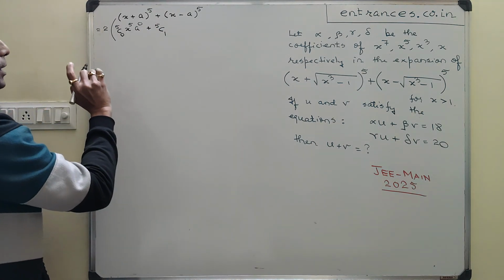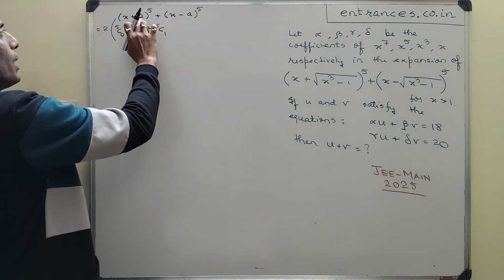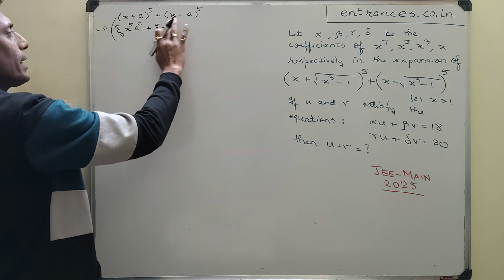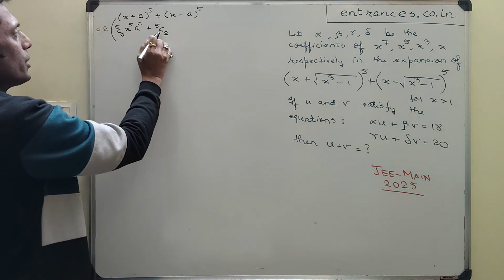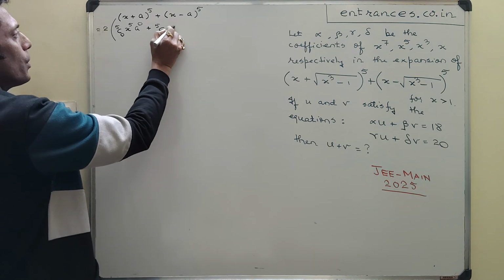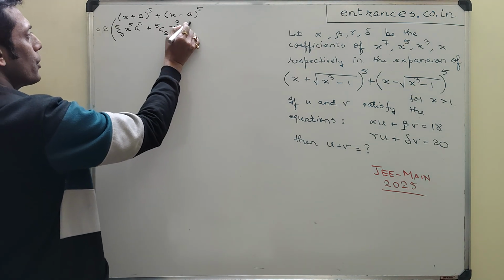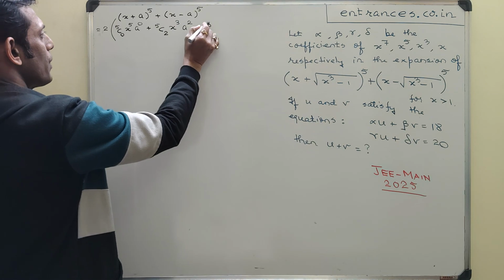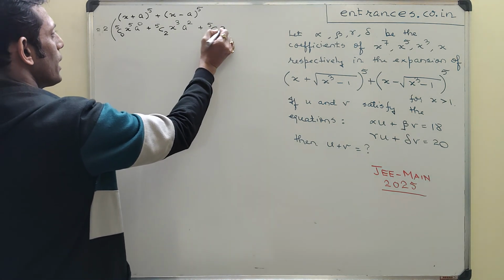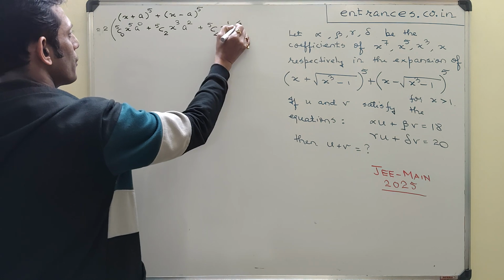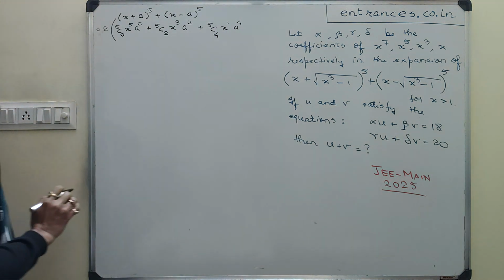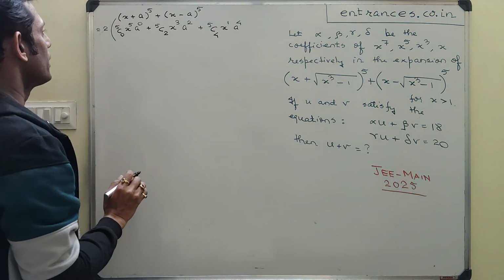Now 5C1, that is a power 1, would be positive in one and negative in the other, so it will get cancelled, and hence 5C2 will only survive. 5C2 for a power 2, x to the power 3, a power 2, and plus 5C4, x power 1 and a power 4 is the last term from this, and that's all.